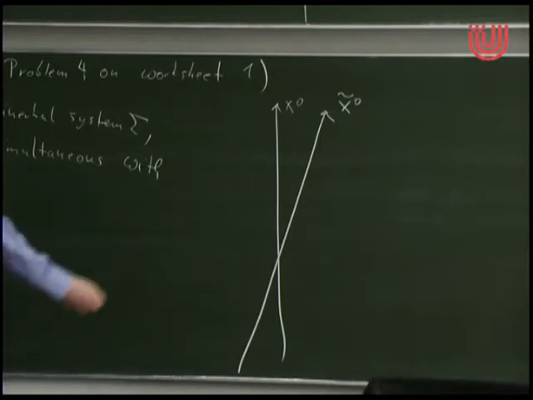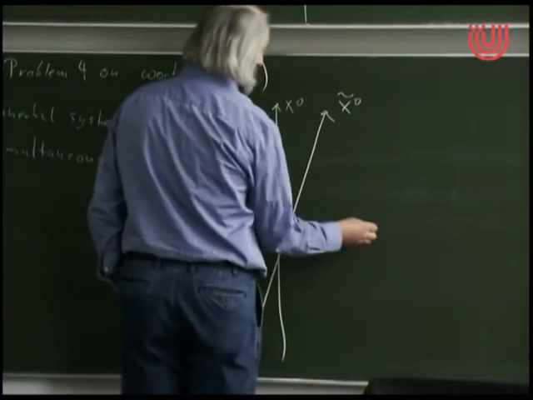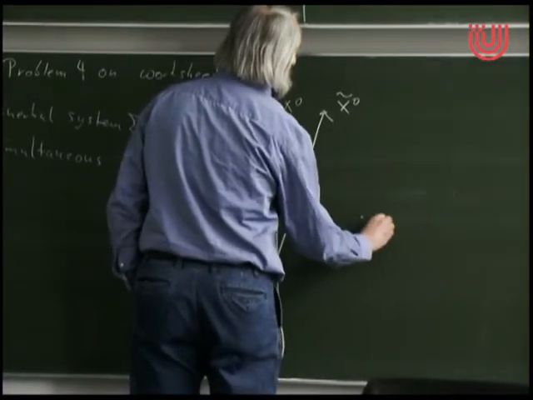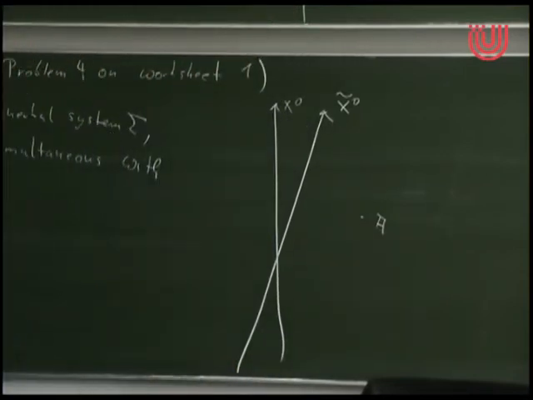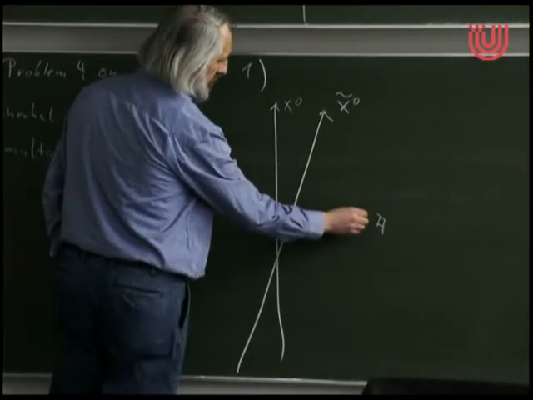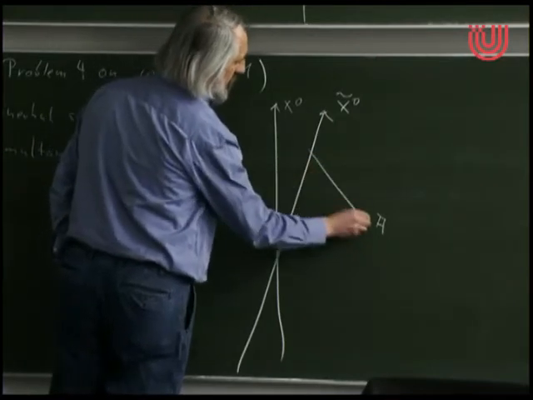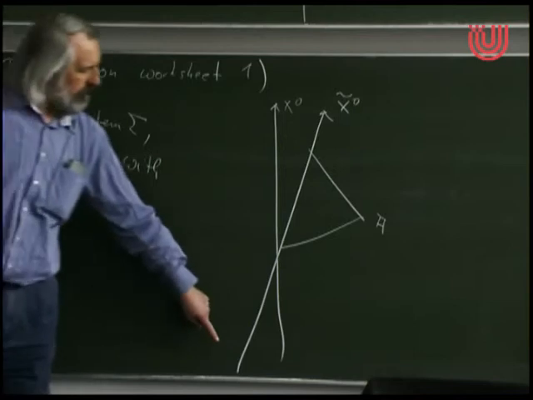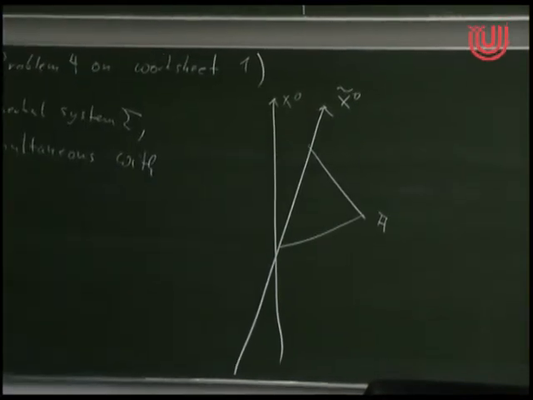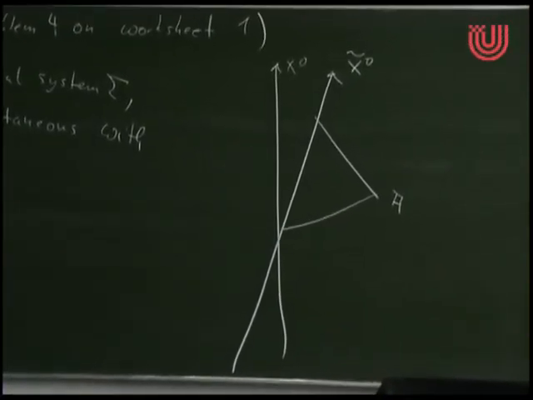And now we do precisely the same construction for an event A here with this world line. So now I have to emit light signals from this world line. So I consider now an observer who is at rest in the twiddled system.